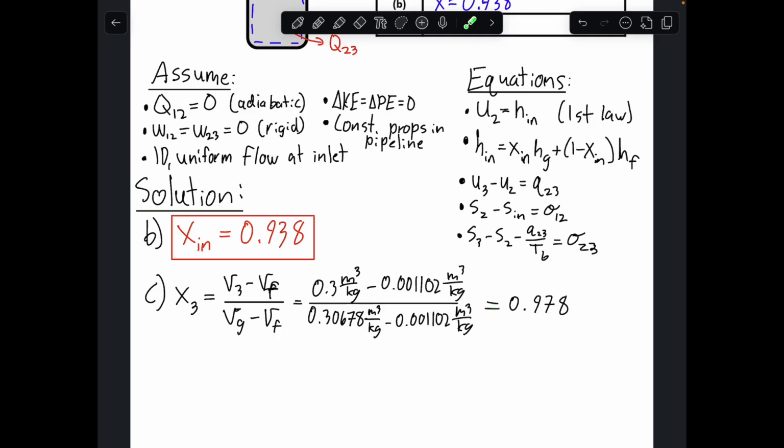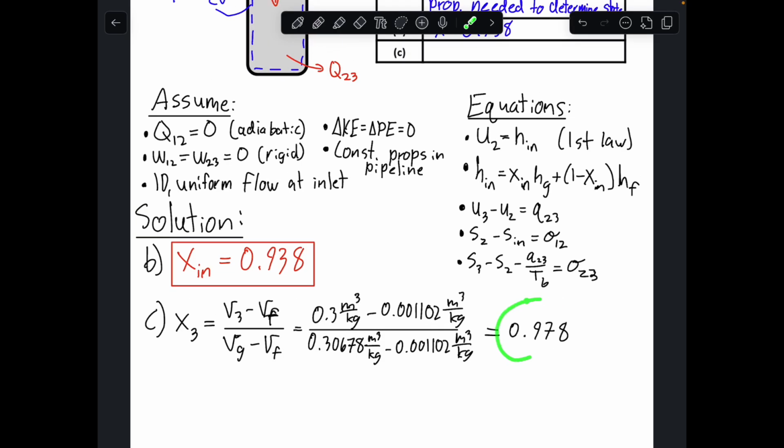state 3. And why is that useful? Well, we can use this quality value in order to find our internal energy at state 3 and also eventually our entropy at state 3. So that's why we need to find the quality there. So let's do that to find U3 first so that we can just evaluate this heat transfer term.